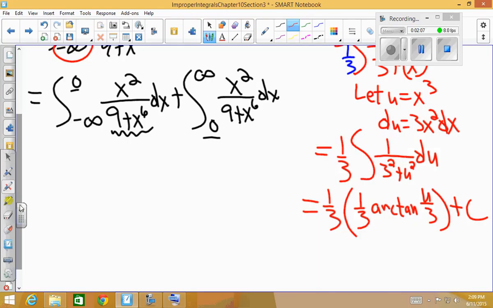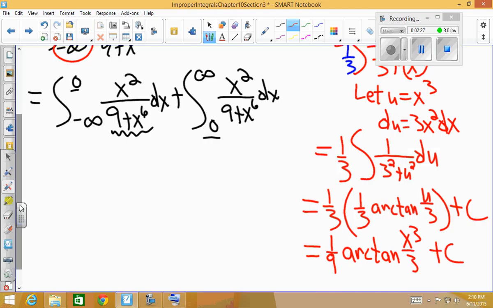Since u is equal to x cubed, the 1/3 times the 1/3 is 1/9 arctangent of x cubed over 3, plus c.